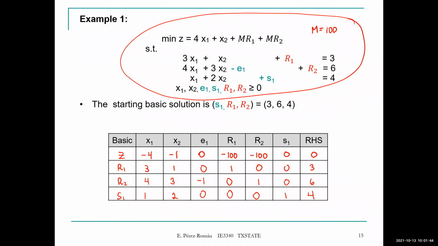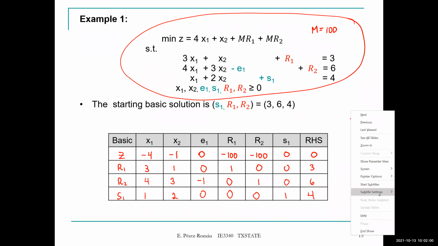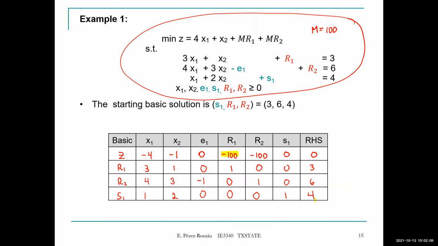But the question is, is this format showing you the identity matrix that we need? The answer is no. Why is that? Because we have another step to complete since this is not 0. Almost there. Why is it not 0?